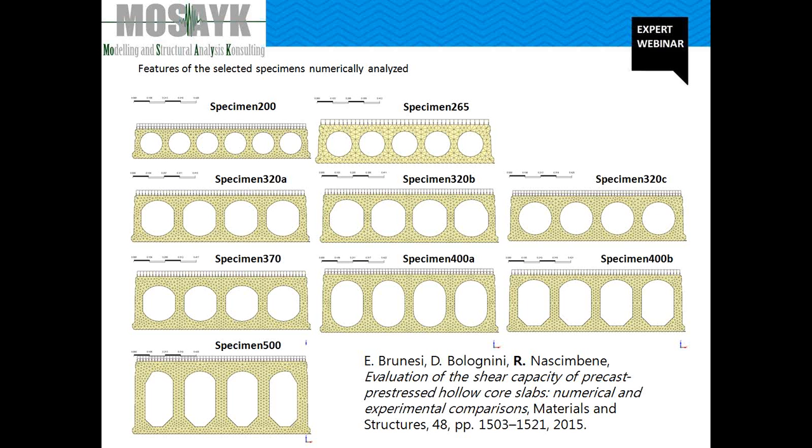To properly reproduce the experimental test setup, a refined nonlinear three-dimensional finite element model using Midas FEA based on nonlinear advanced fracture mechanics was developed and monotonically loaded till the brittle web shear failure mechanism is reached. 9 models, 9 specimens whose main features are presented here have been considered.